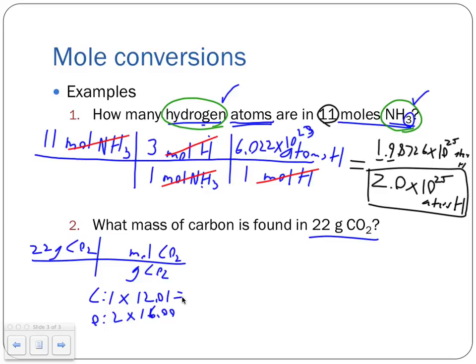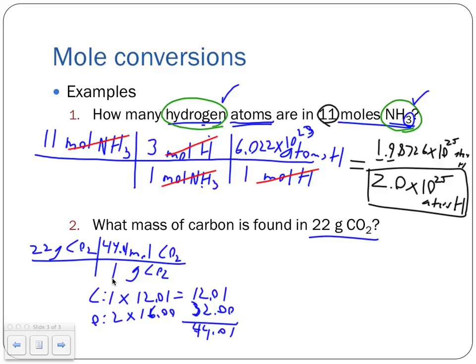And so that means that the carbon will be 12.01. The oxygen is going to be 32.00. Add those two up. We get 44.01. And so that will be the molar mass, so 44.01 moles of CO2 in 1, oops, that's entirely backwards.